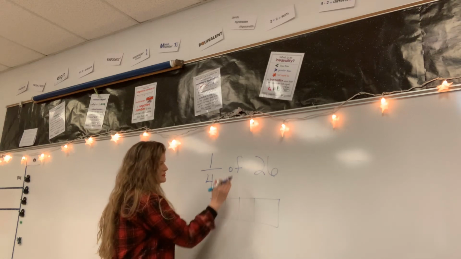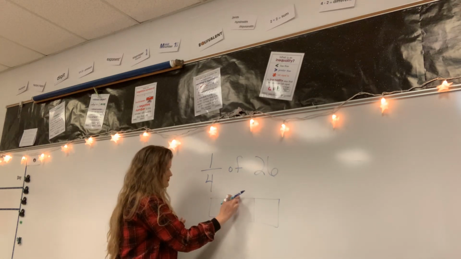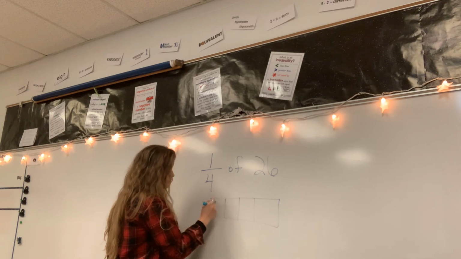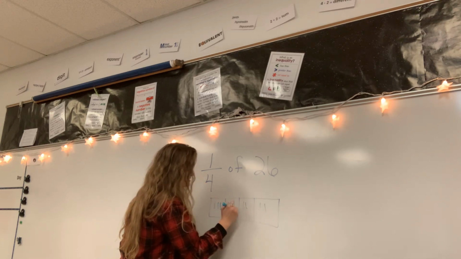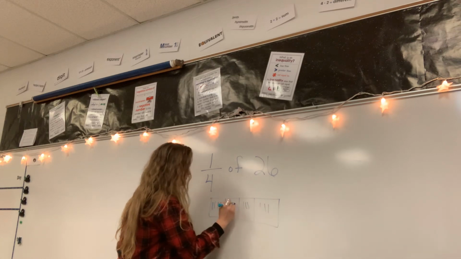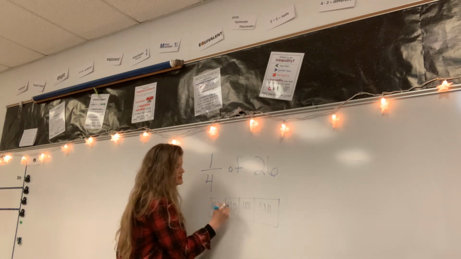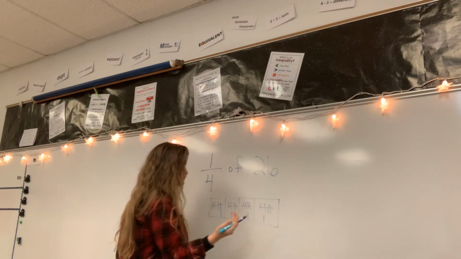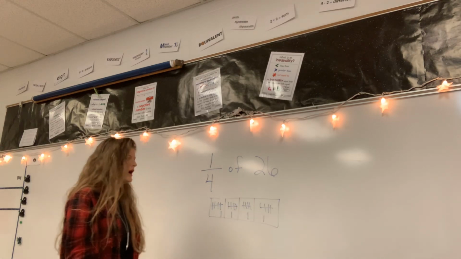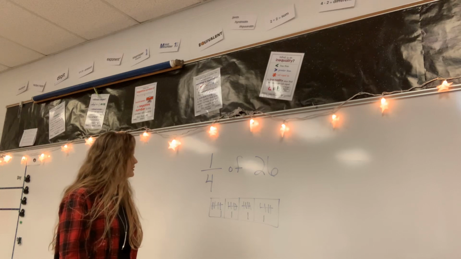See what goes into each quarter. 1, 2, 3, 4, 5, 6, 7, 8, 9, 10, 11, 12, 13, 14, 15, 16, 17, 18, 19, 20, 21, 22, 23, 24, 25, and 26. Well, I have two extra. Can't do it.